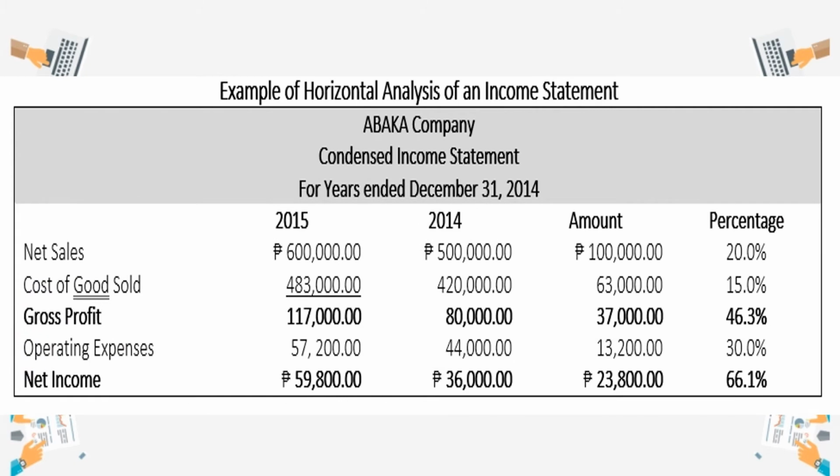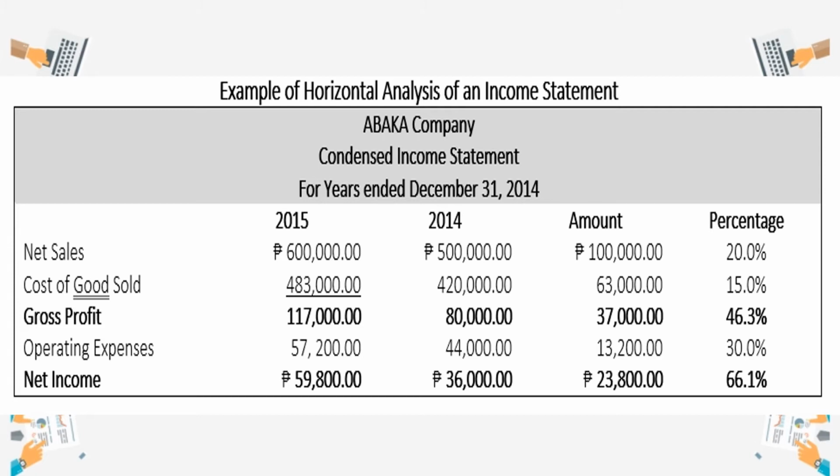Let us have more examples of horizontal analysis of an income statement. So we will compare the years of 2015 to 2014. For the net sales, there is an increase of 100,000 pesos because from 500,000, it became 600,000 pesos. Then, for the cost of goods sold, we have an increase of 63,000 pesos because from 420,000, we have 483,000 for 2015.